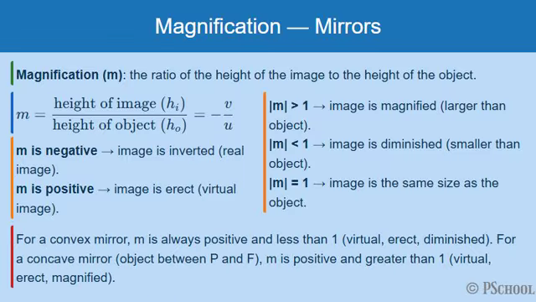For a convex mirror, m is always positive and less than 1, virtual, erect, diminished. For a concave mirror, object between P and F, m is positive and greater than 1, virtual, erect, magnified.